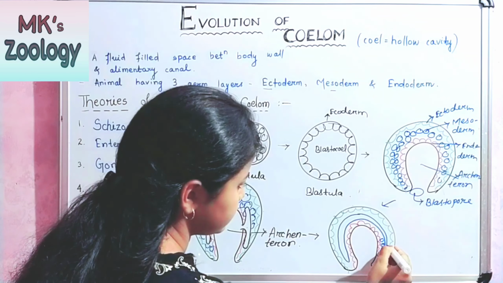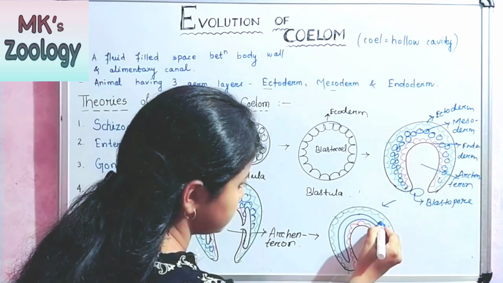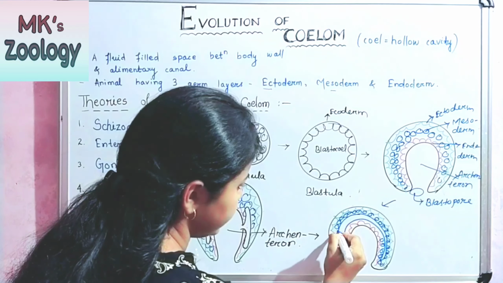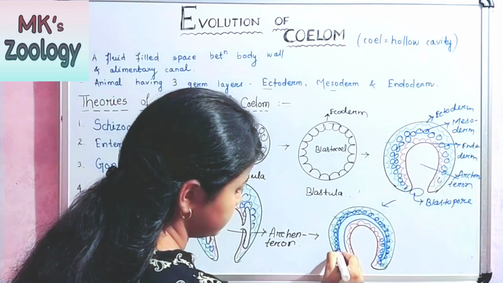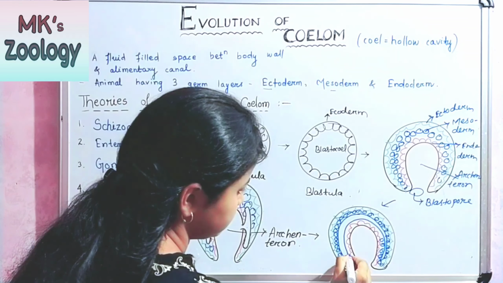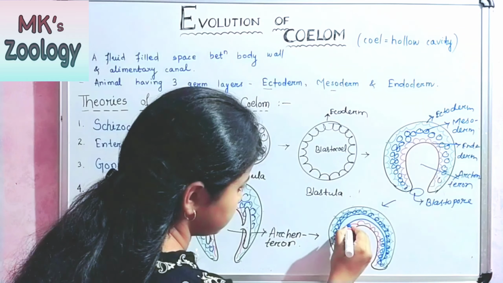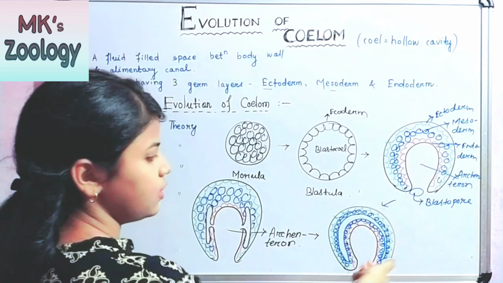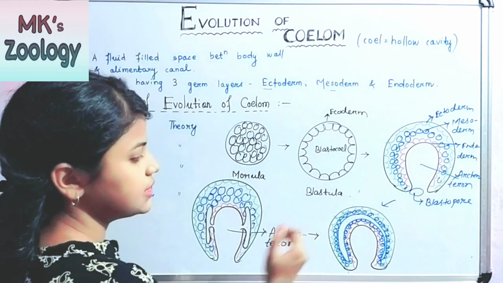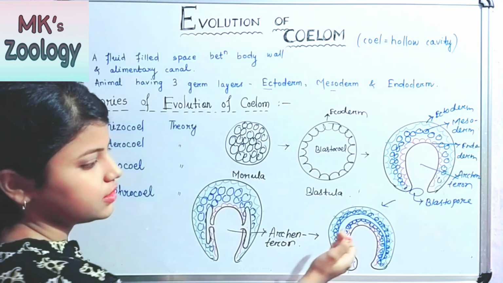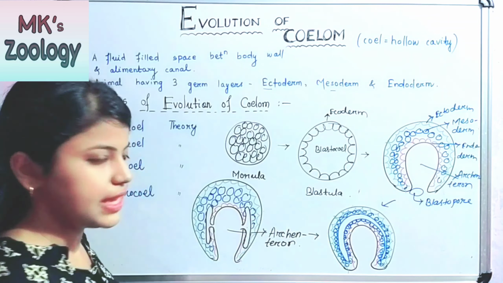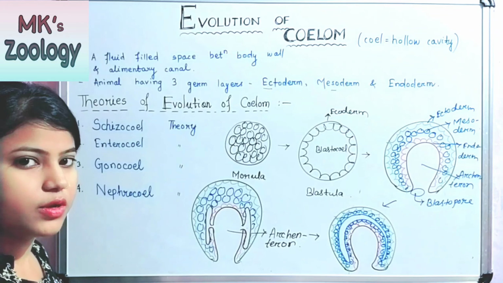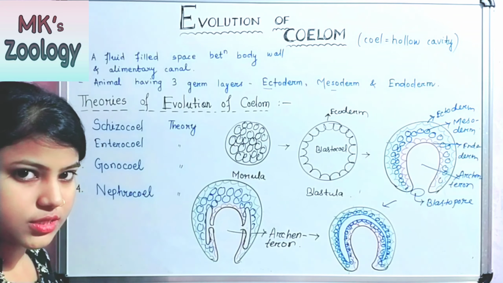Mesodermal cells are split towards the ectoderm and inwards towards the endoderm, like that. This is the coelom, and on both sides mesodermal cells are present, towards the endoderm and towards the ectoderm. This is your enterocoel theory, where the coelom is formed from the archenteron pouches.